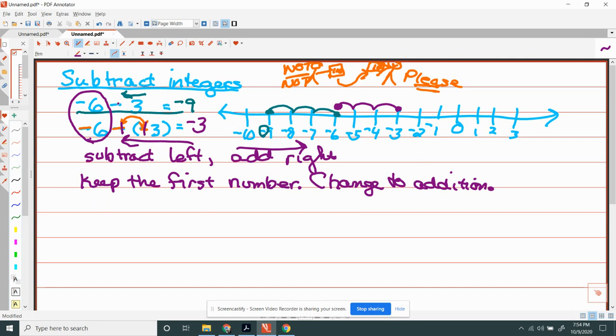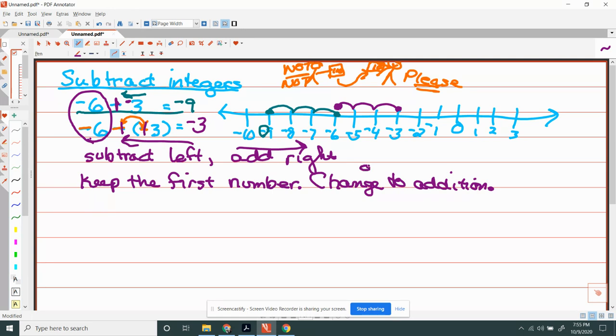It'll work here. You'll see. And then whatever the sign is on the second number, so right here I have an invisible positive, change that sign. So we already changed this one. Now we're going to change this one. So in the case of the first one, it's -6 plus a -3.